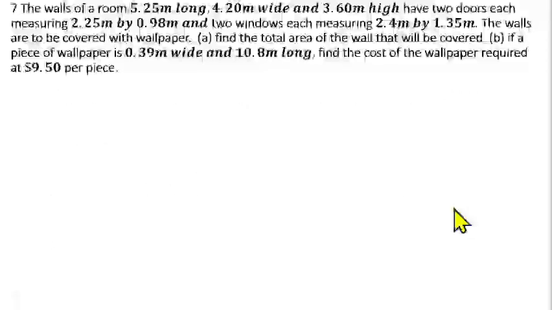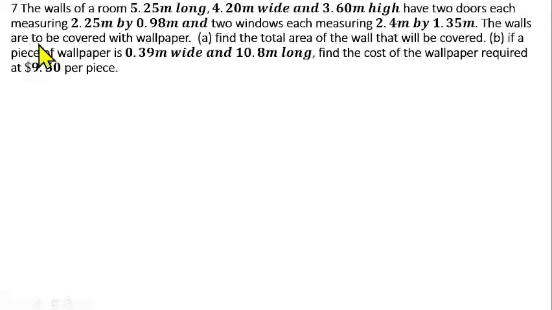Question number 7 is from the mensuration of solid and plane shapes. The question is quite long, so we are going to express ourselves very slowly to help you understand it. The walls of a room 5.25 meters long, 4.20 meters wide, and 3.6 meters high have two doors each measuring 2.25 meters by 0.98 meters and two windows each measuring 2.4 meters by 1.35 meters.